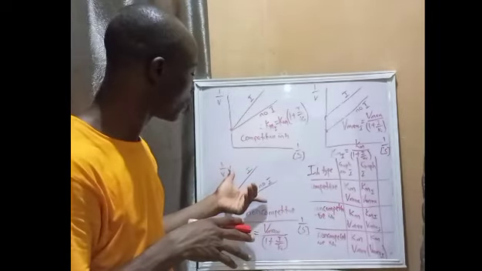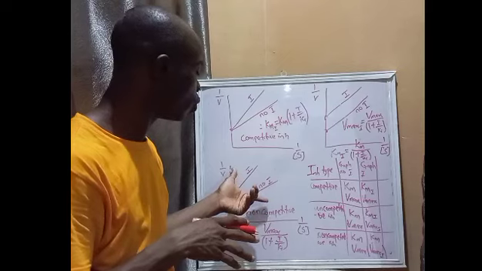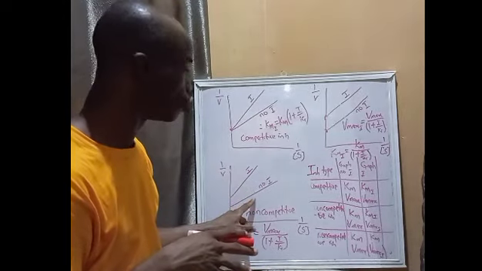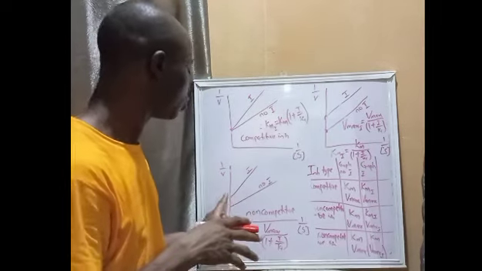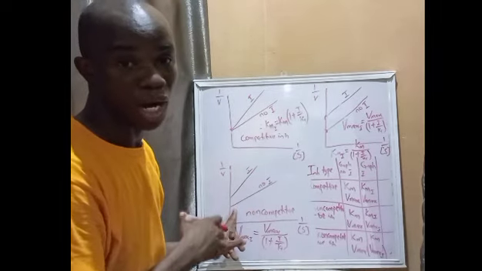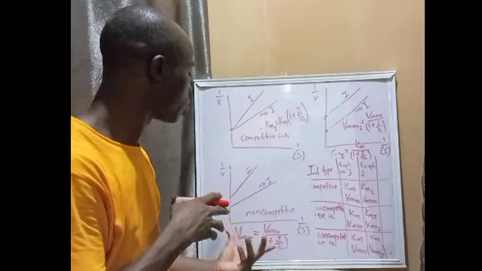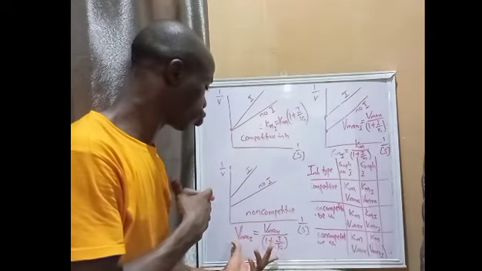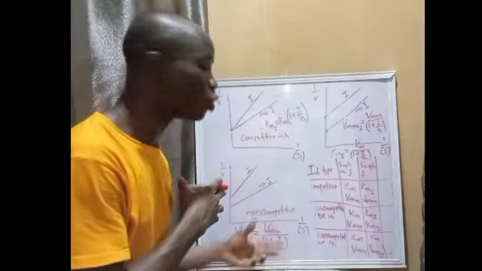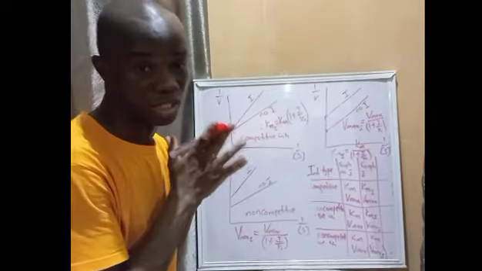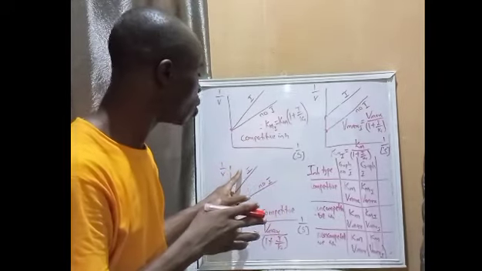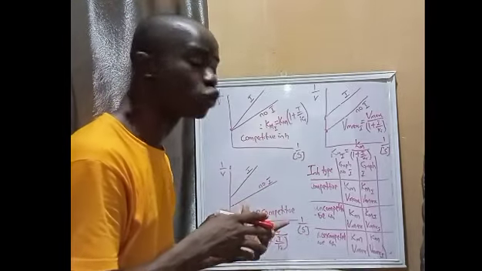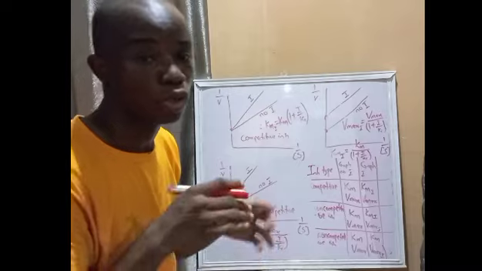So for non-competitive inhibition, you are going to have a line with different slope and different y-intercept. At the same time, you can use the Vmax in this case to get your Ki, because Km in this case is the same for where you have inhibition and where you don't have the inhibitor, and that's what shows the inhibition to be non-competitive.